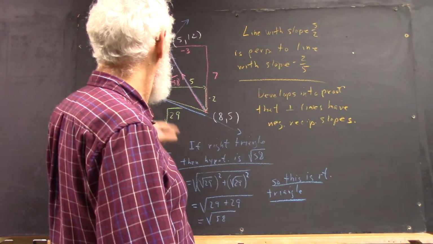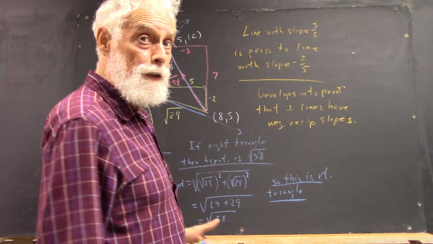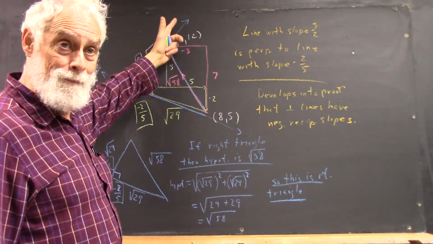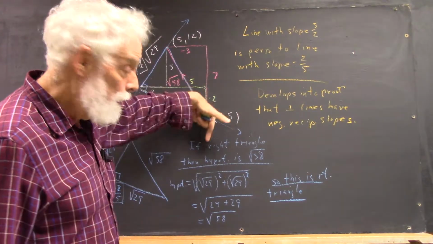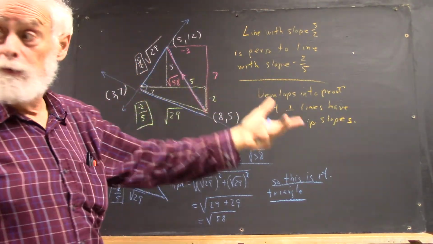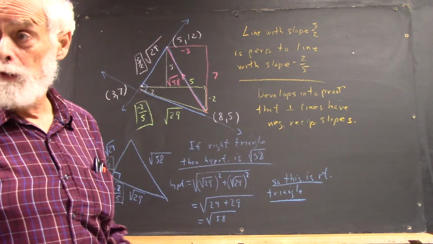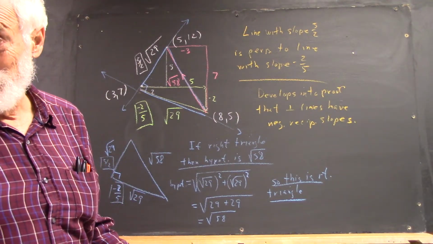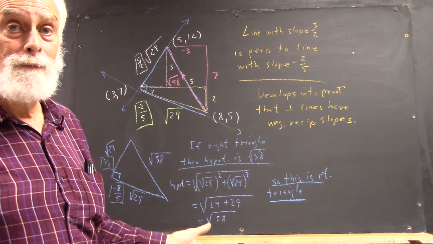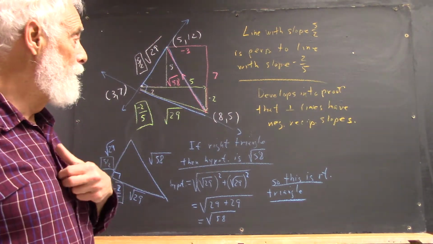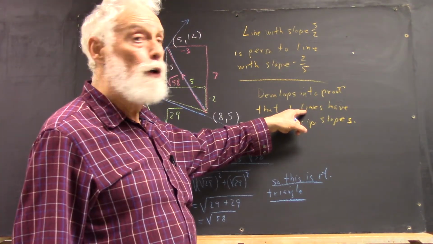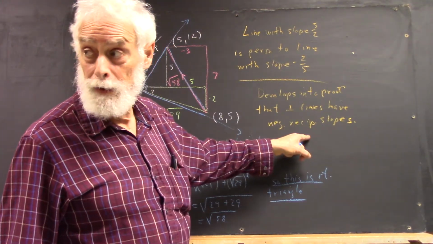If instead of 2 and 5, you did this with legs A and B, and then a leg of B and negative A, and worked out the symbols, which wouldn't be difficult to do, and I kind of ask you to do that, okay? Then what you end up with is a proof, and it's a little stronger than what I said. The lines are perpendicular if and only if the slopes are negative reciprocals.